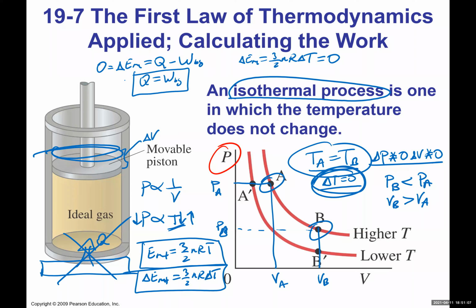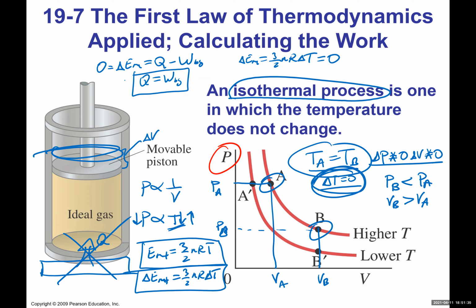That means in order for you to stay on an isothermal process, how much you add goes exactly into how much work is done. So no extra energy is added to your system or removed. In order for the particles to move the piston upward, they gain that energy from heat.